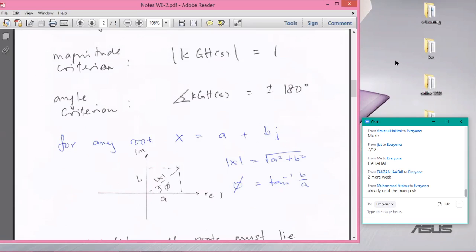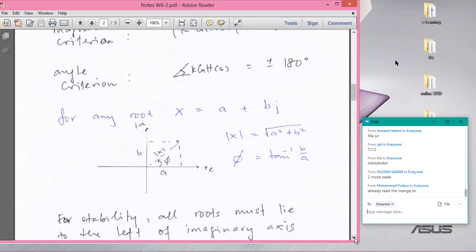If you go clockwise, the angle starts at 0 on the real axis, and here is negative 90, negative 180, negative 270, and negative 360. So that is why this plus and minus sign comes from. Those are the two criteria that you must always meet when you draw the root locus diagram.